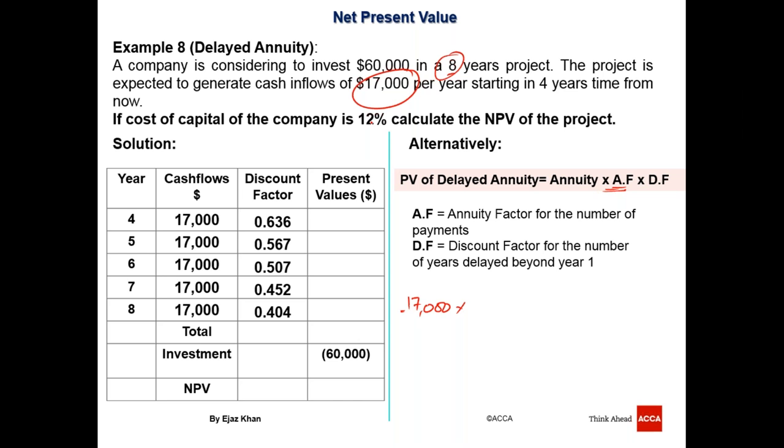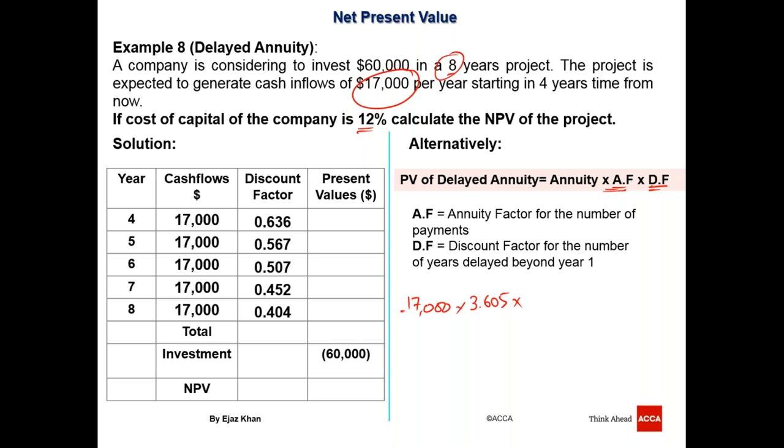So can I have the annuity factor at 12% for 5 years? 3.605. Adam, I hope you have picked up for the fifth year as well. Okay. 17,000 into 3.605. Now, multiply with the discount factor for the years delayed.